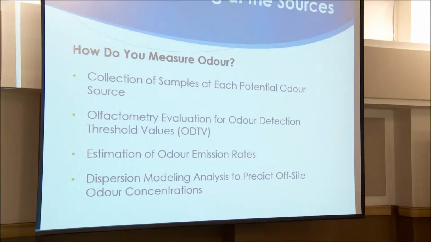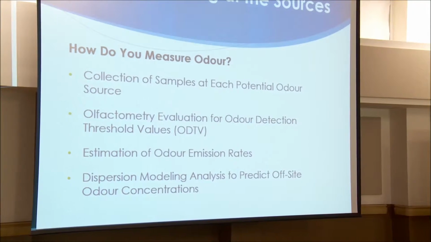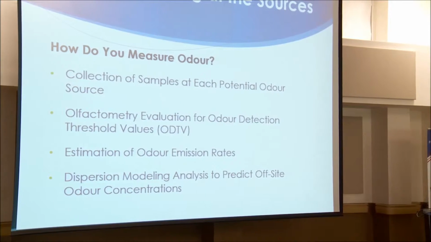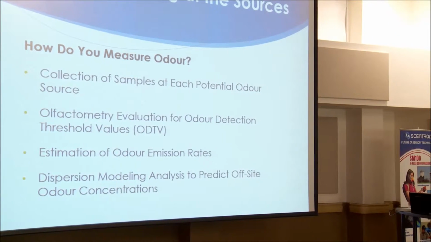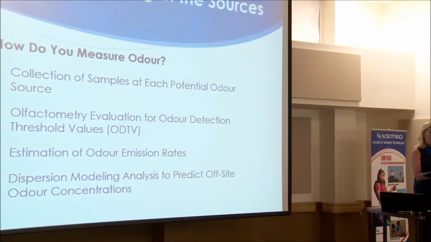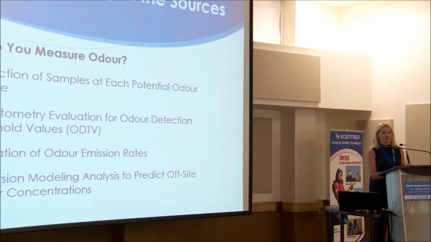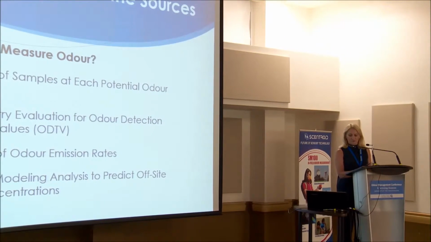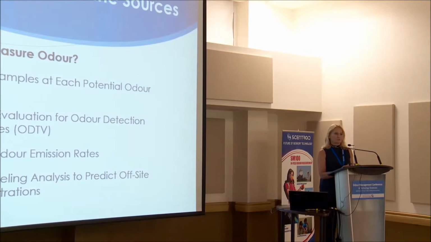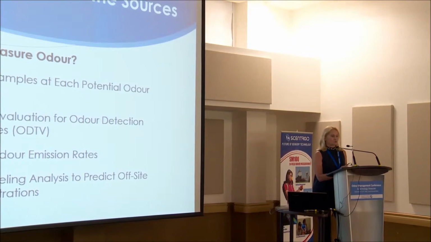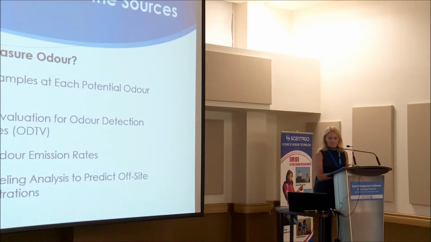How to measure the odor? I think most of the people are very familiar with how to measure the odor, but I will briefly introduce the sampling procedure for the people who are not familiar with it. Basically, it's a collection of odor samples for total odors at any source, which can be a point source. For the point source, we use dilution equipment.